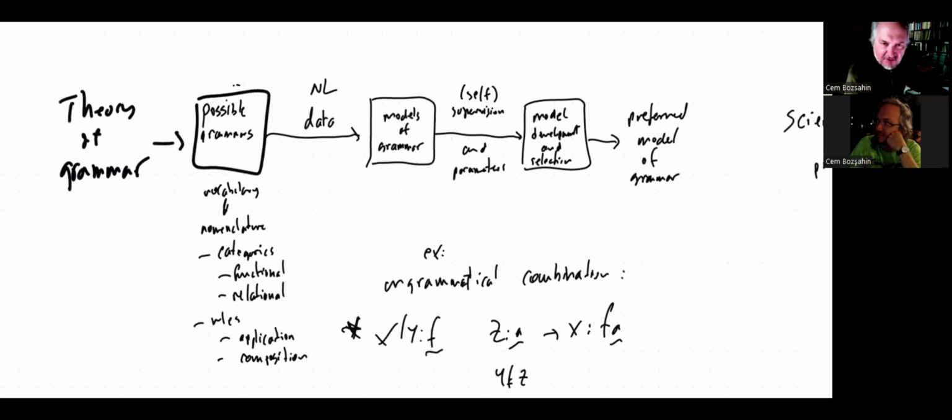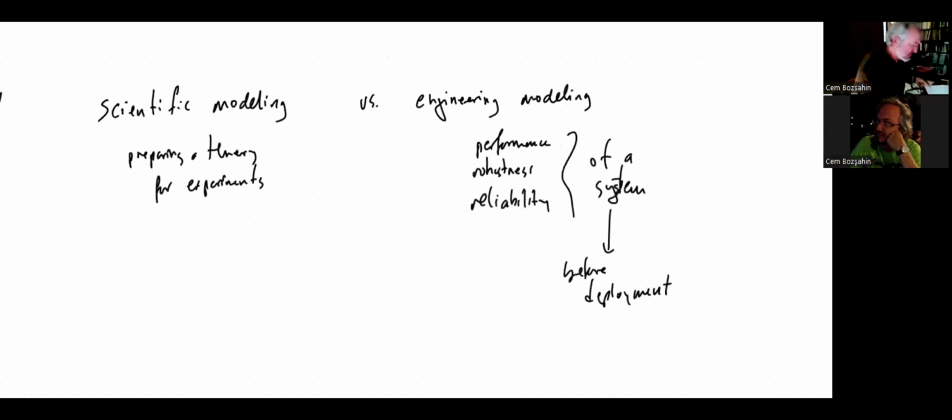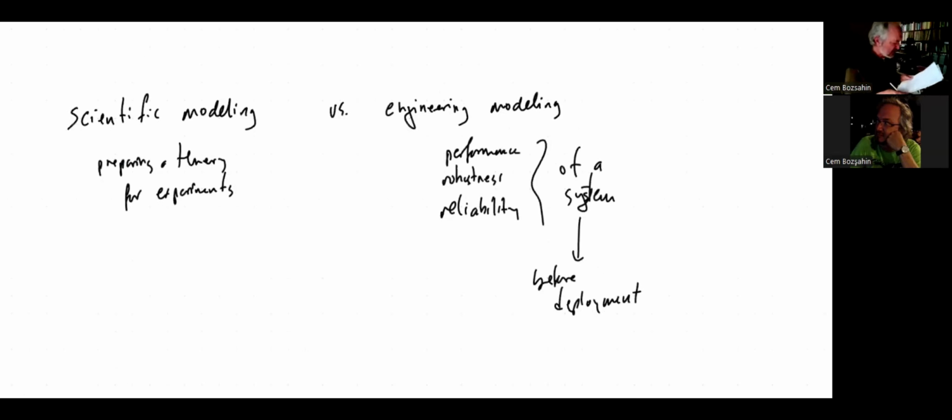And there are different kinds of parameters in this endeavor, so I'm going to talk about this, but for the time being, I think this much is good enough for our purposes. So we're talking about essentially the differences between scientific modeling and engineering modeling, and scientific modeling is what we're trying to do. Okay.